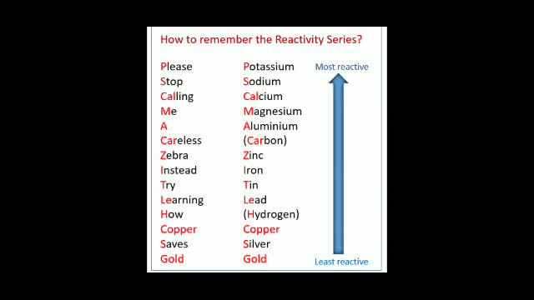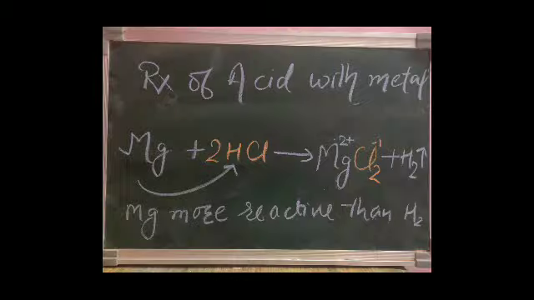So it can easily displace the hydrogen from its compound. Now I think you can recall which type of chemical reaction this is. Yes, this is a displacement reaction. We can say that when acid reacts with metal, they show a displacement reaction and form salt and hydrogen gas.